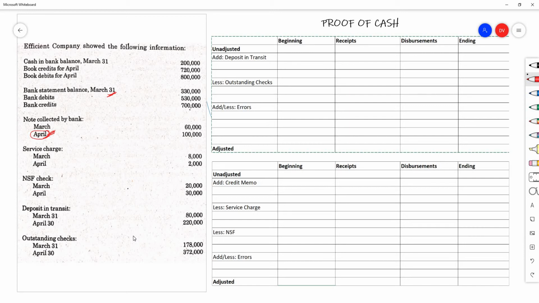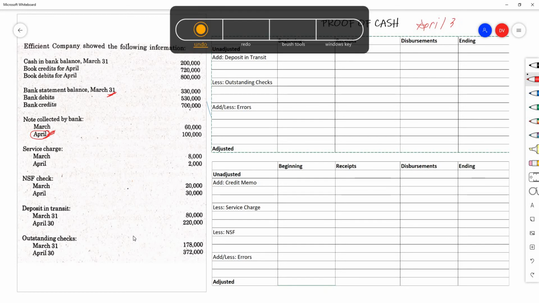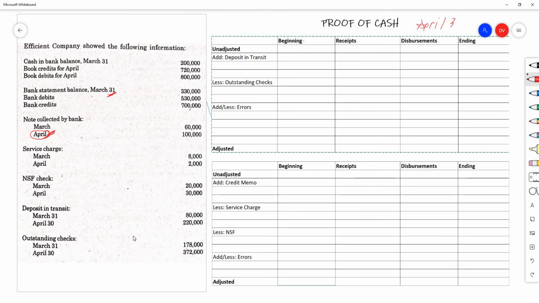Okay? So, before anything else, we'll just have to try to plot the data available. By the way, sir, what do you mean by beginning, receipts, disbursements, and ending? So, when you say beginning, this is the beginning of the period. So, again, we're trying to check the receipts, disbursements, and the bank reconciliation of April, which is April 30.